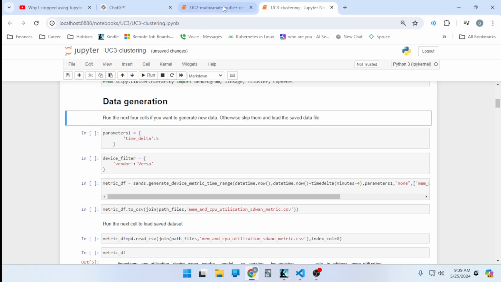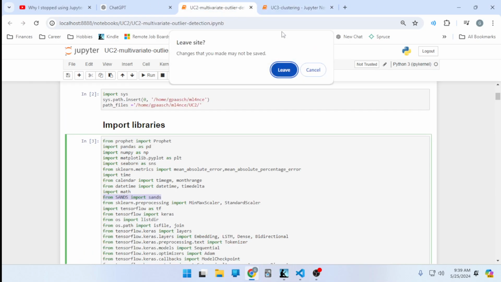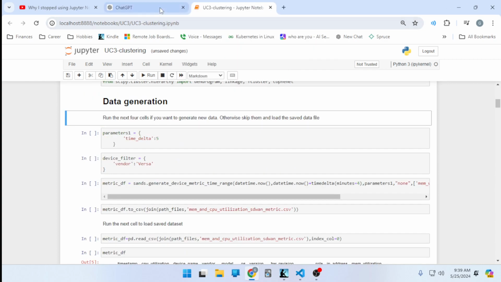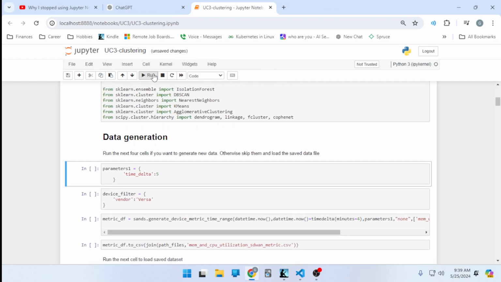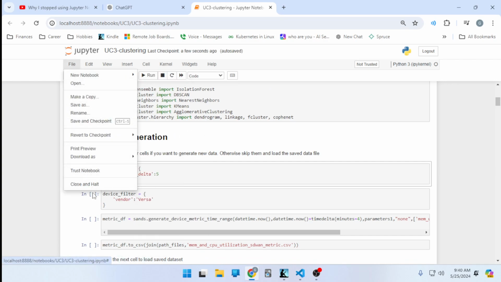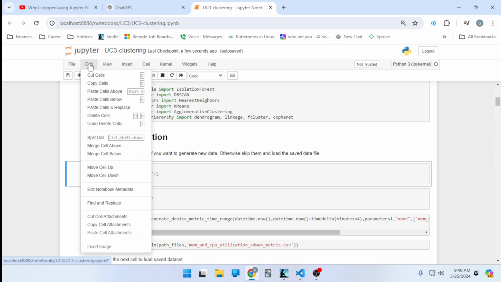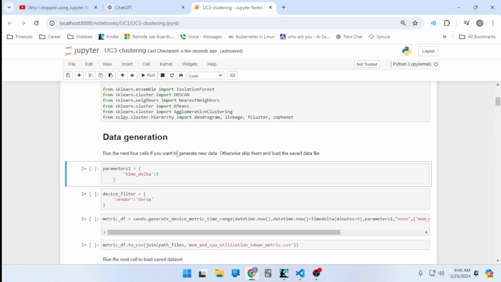We don't need these other ones open anymore. Might just get confusing. We don't need to save this one. Okay. So we do need to save this one though. So I'll do control S there, and I'm not sure if you can do autosave. Autosave would be nice, but it looks like you can.